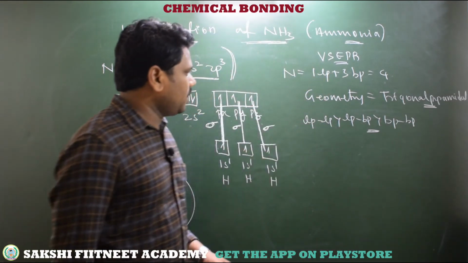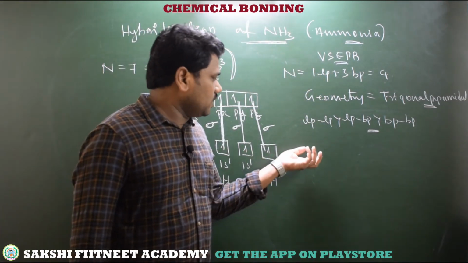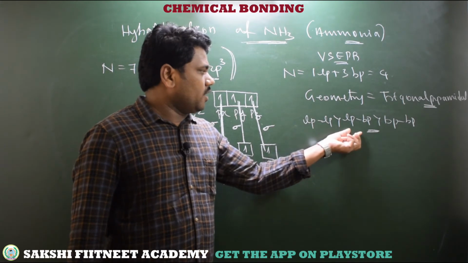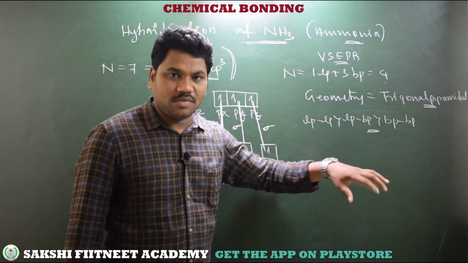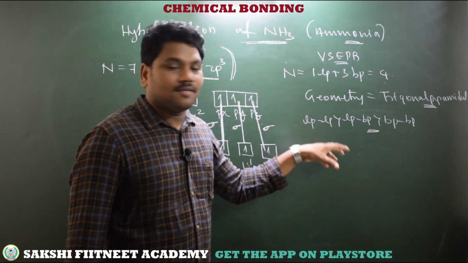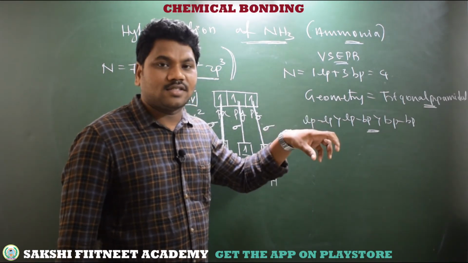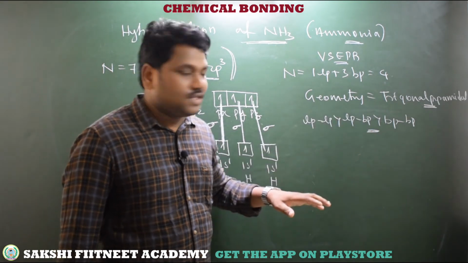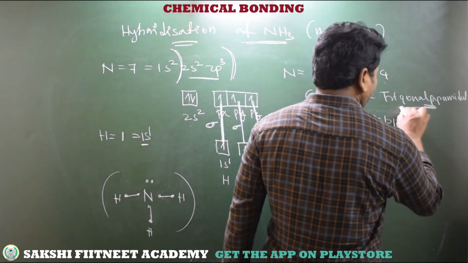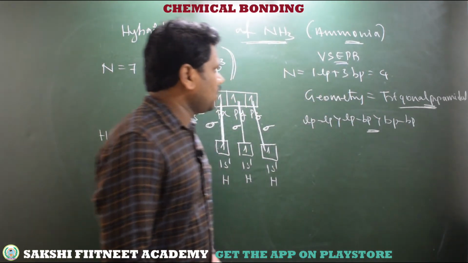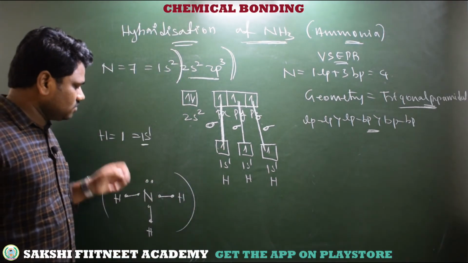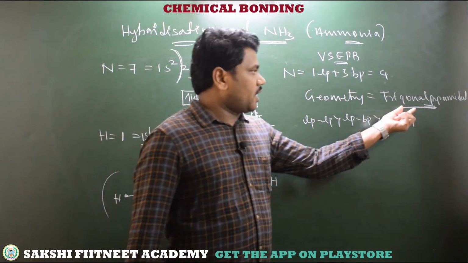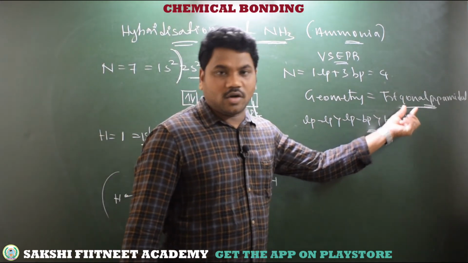So to avoid those repulsions, the orbitals arrange in a particular way that gives the geometry. Here, due to the presence of one lone pair and three bond pairs, this molecule arranges in trigonal pyramidal geometry.